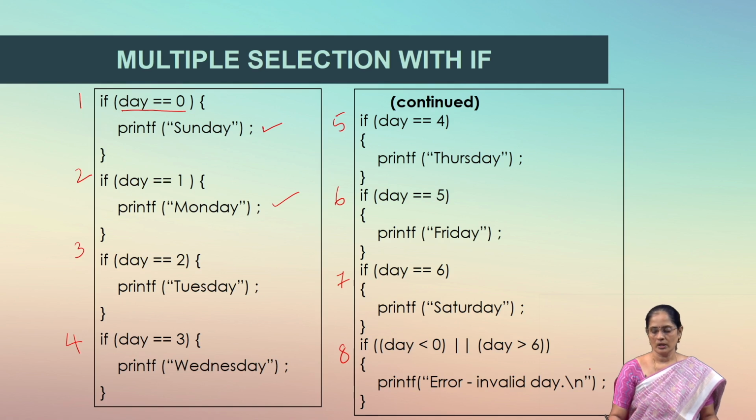That could be checked using the 8th if statement. So, we need n plus 1 statements if we want to check n conditions or n values for one particular variable. Here we are just taking one variable and comparing it with 7 values. The 8th condition will be to check whether it is out of the range.